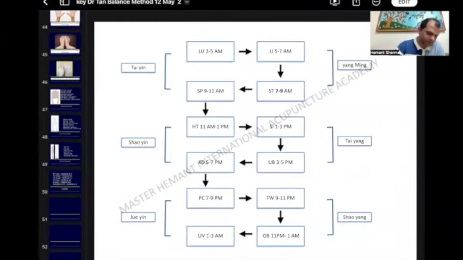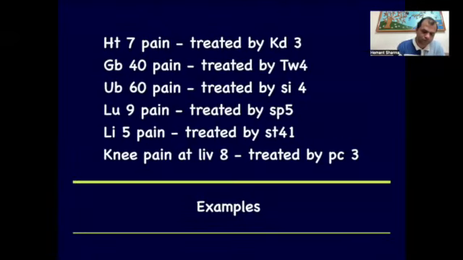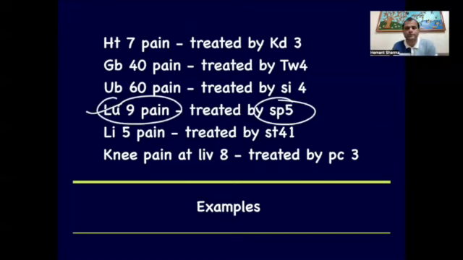So let's take another example. The pain of the lung. I am taking multiple similar examples so that you will understand. The pain of lung 9 will be treated by spleen 5.